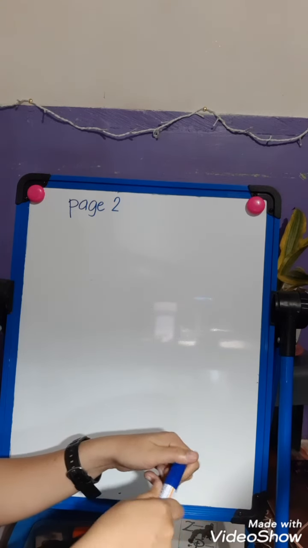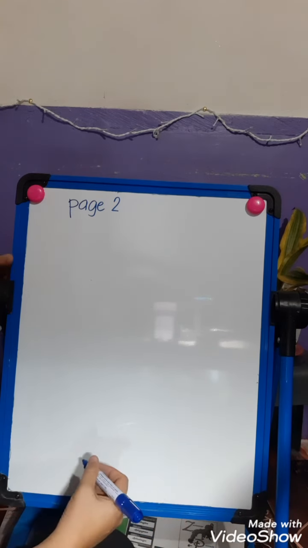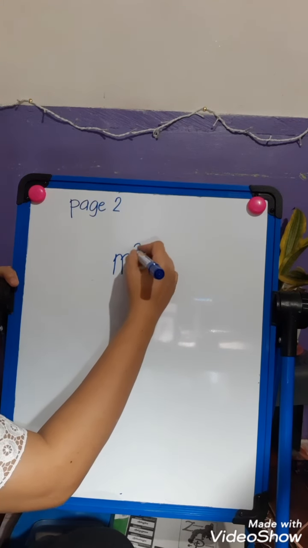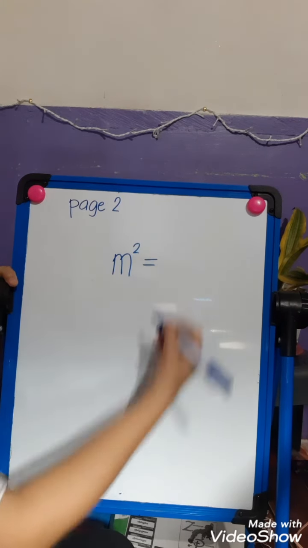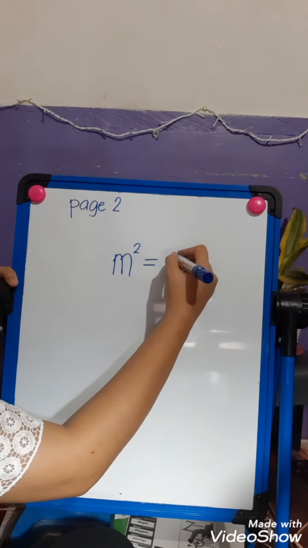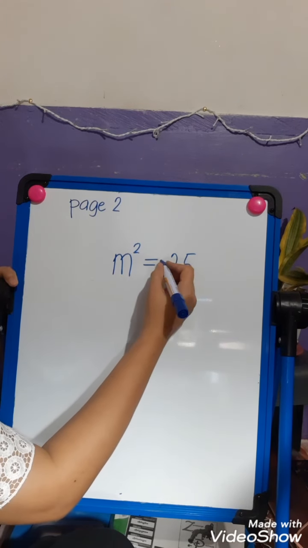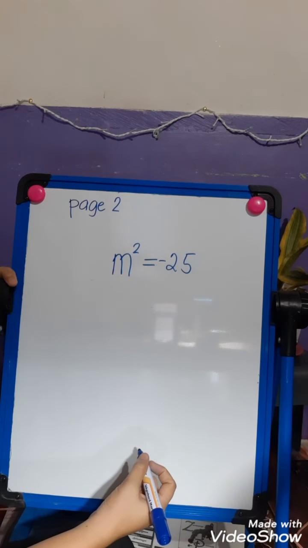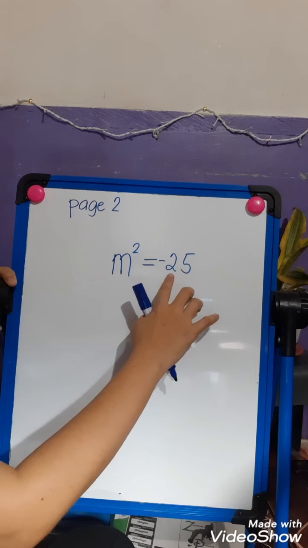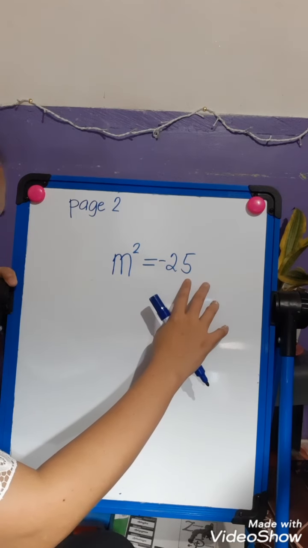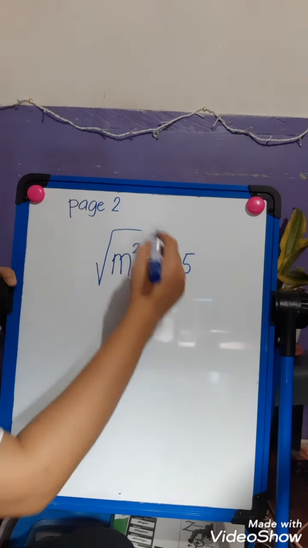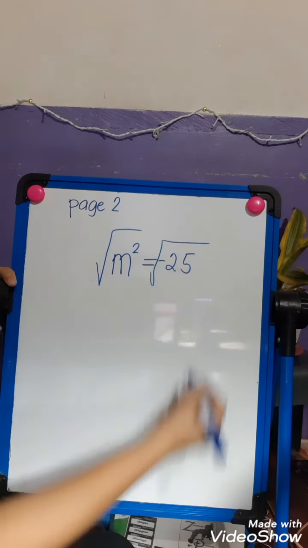Okay, last example for activity 2 on page 2. So when we have m squared is equal to negative 25. Then, considering the 25 is a perfect number, so we can directly extract the square root.